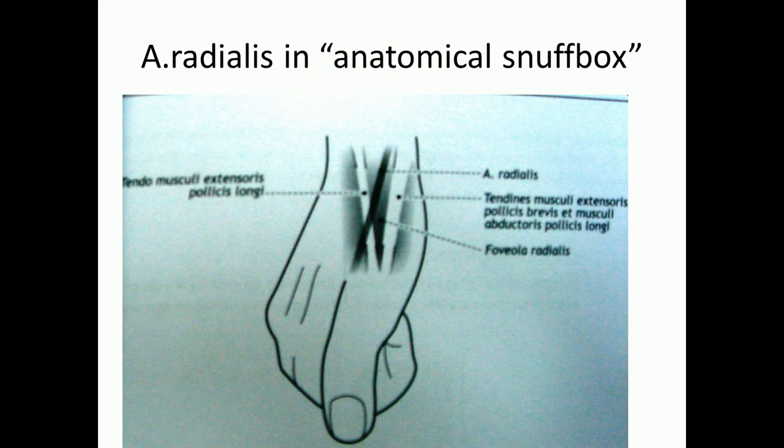And several other important details. Arteria radialis in the anatomical snuff box.